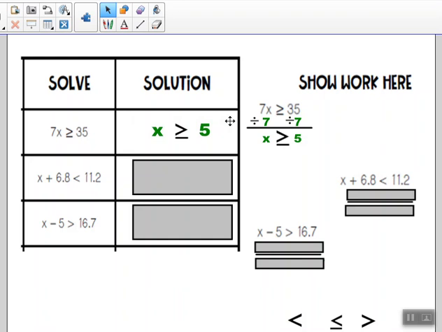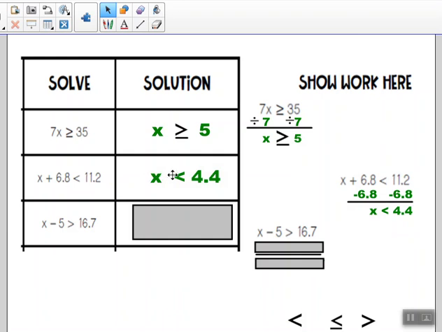In the second one, if we have this right here, x plus 6 8/10 is less than 11 2/10, we want to get rid of adding 6.8. So we subtract that from both sides, and that will cancel out. This over here ends up with a value of 4 4/10. So x is less than 4 4/10. That's our solution for the second one.